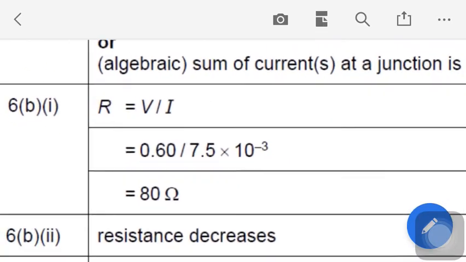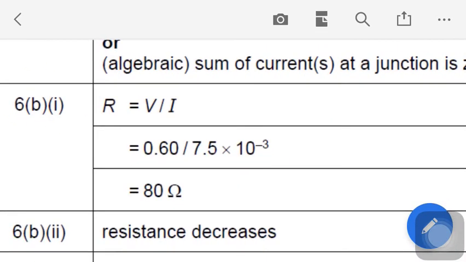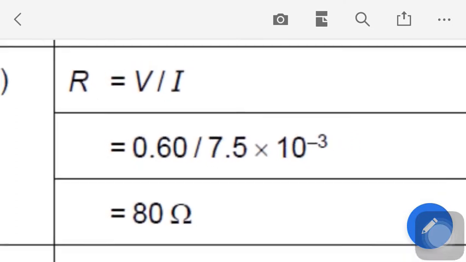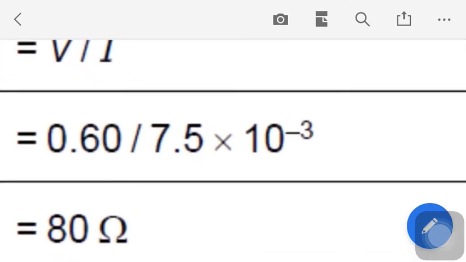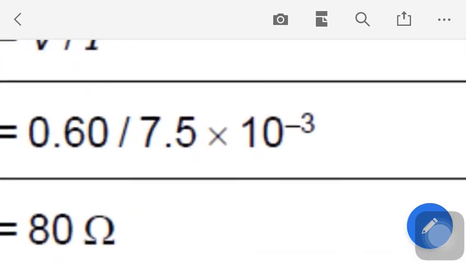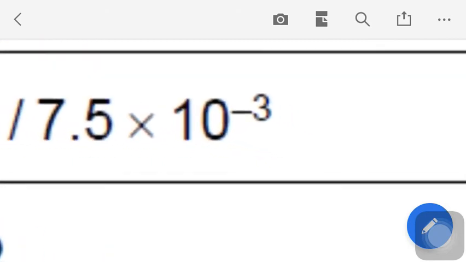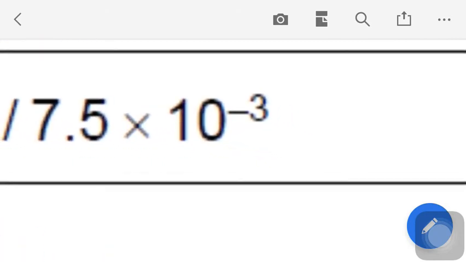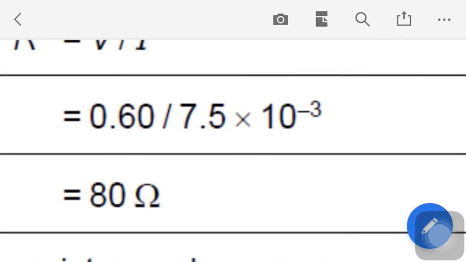So from V is equal to IR, you substitute 0.6 volts and the corresponding current value 7.5. The only thing is this milliamp thing, so you need to convert it to amps. So there is 10 to the power minus 3. It will give you 80 ohms.